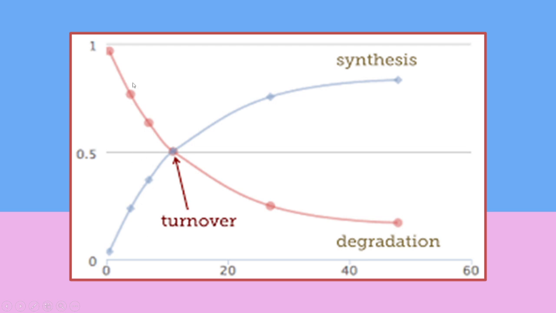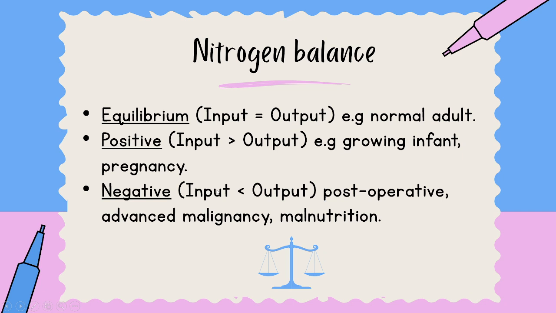And here is a graph that depicts time on the x-axis, and it shows how degradation and synthesis are related to each other. If we are synthesizing and at the same time there is degradation, at any point the difference between synthesis and degradation is the nitrogen balance.